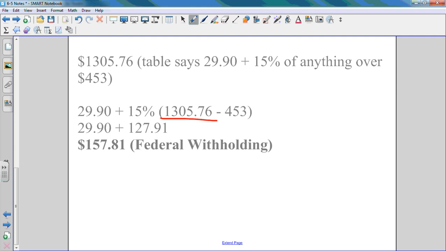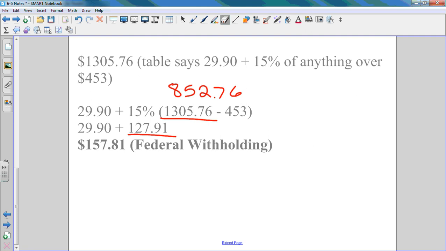And I believe that number is $852.76. So I'm going to take 15% times $852.76, and I get $127.91.